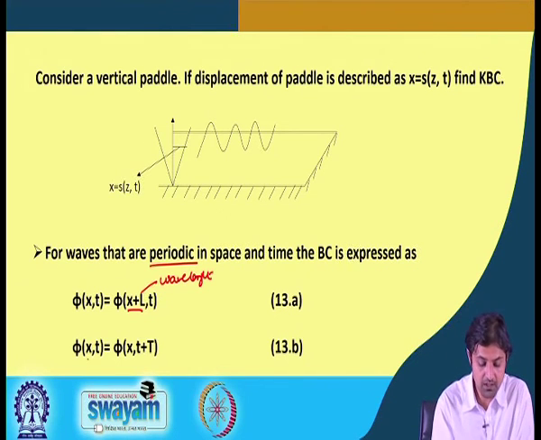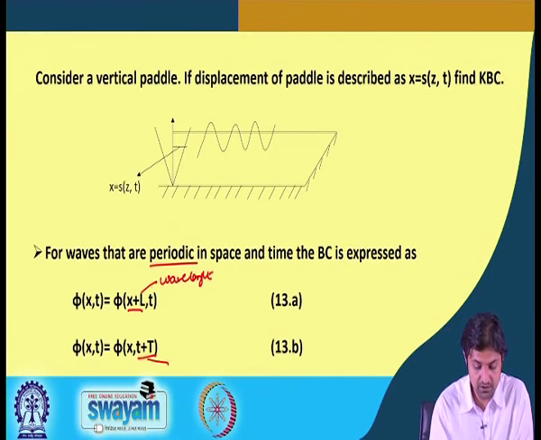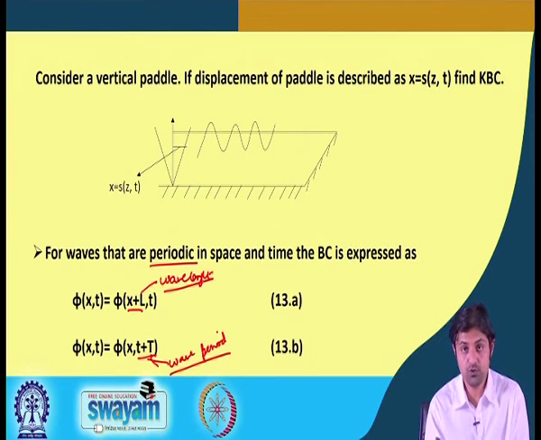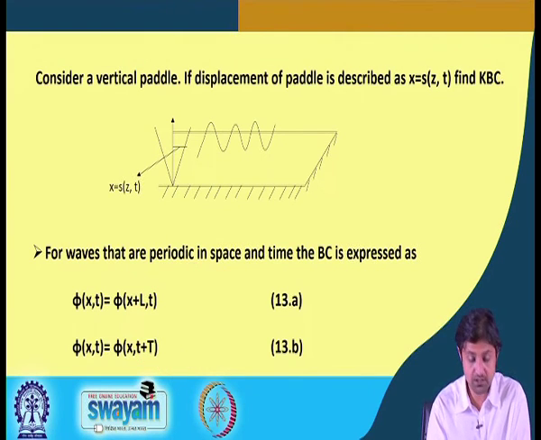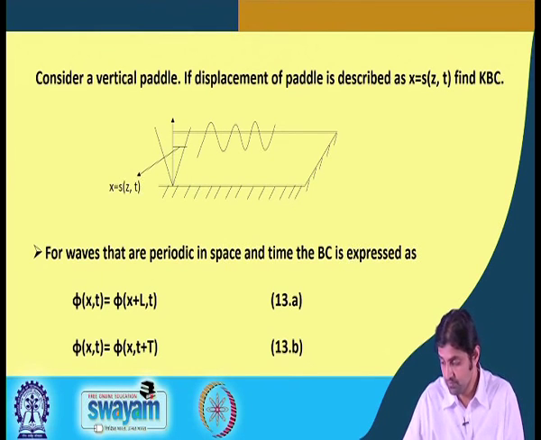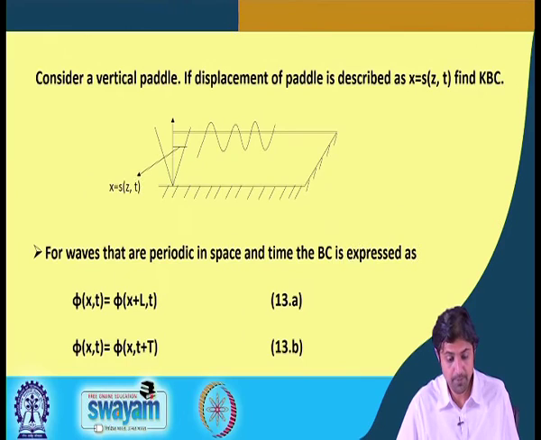The other could be that it will be the same at t plus T, where capital T is the wave period. You will get to know what wavelength and wave period are soon, but to complete this boundary condition description, I think this is quite an important thing.